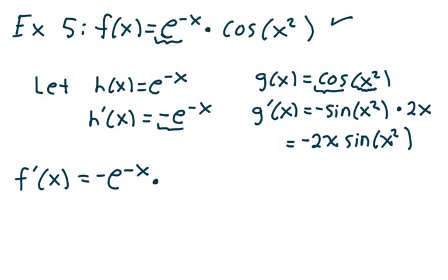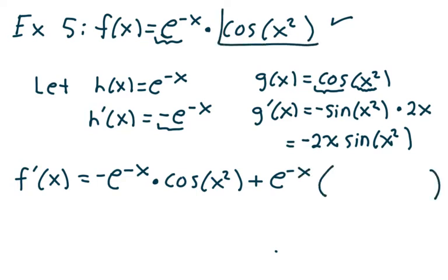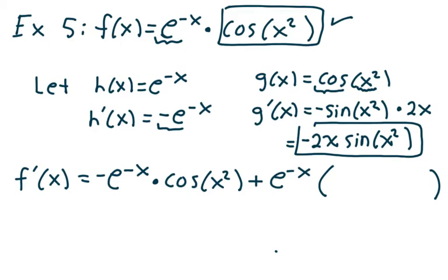But we're going to multiply by cosine of x squared. Plus e to the negative x. And then I multiply by the derivative of cosine x squared, which we figured was negative 2x sine of x squared. So that goes here.